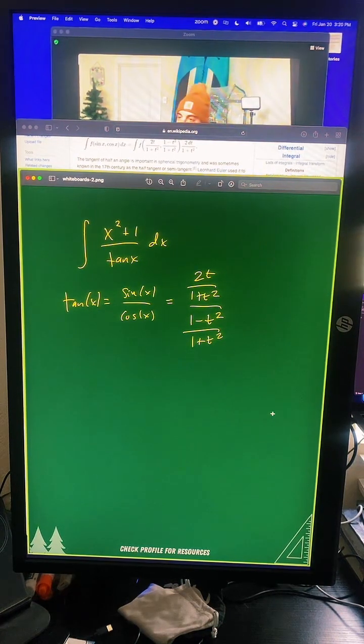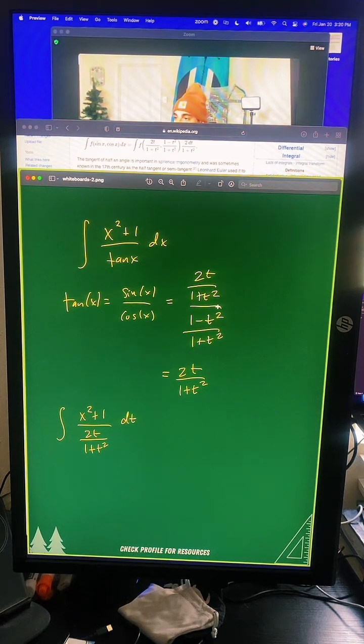So this is what I did. Using that Weierstrass, or whatever you want to call it, that sub, that's what we will use. And this will make your tangent equal to 2t over 1 plus t squared. So going to our integral, that becomes the integral of x squared plus 1 over 2t over 1 plus t squared, well, we still have dx.